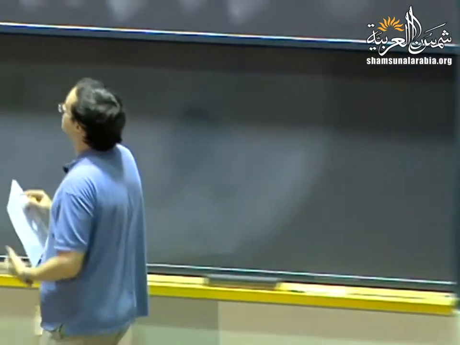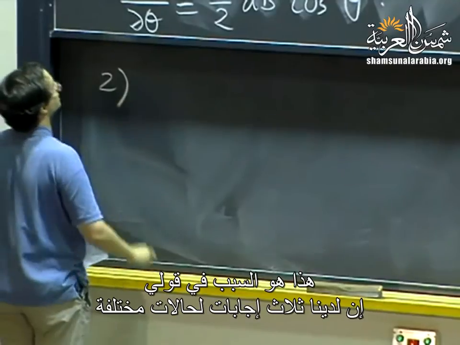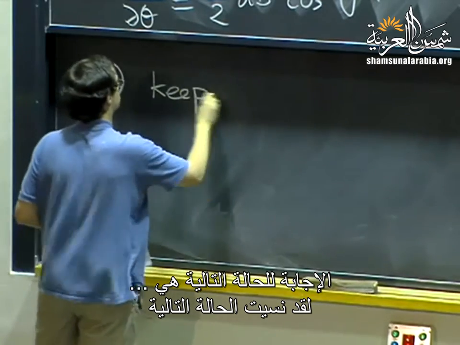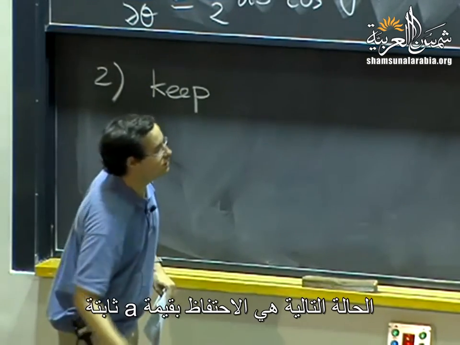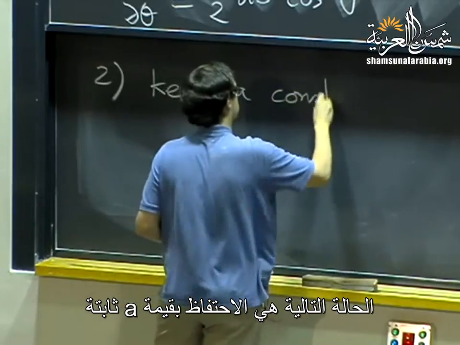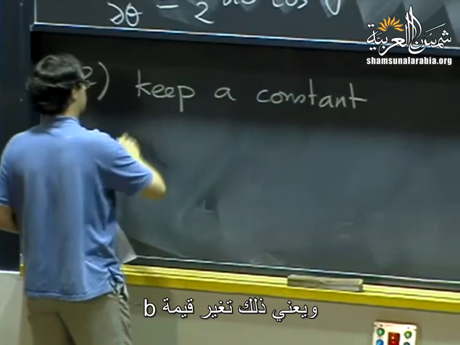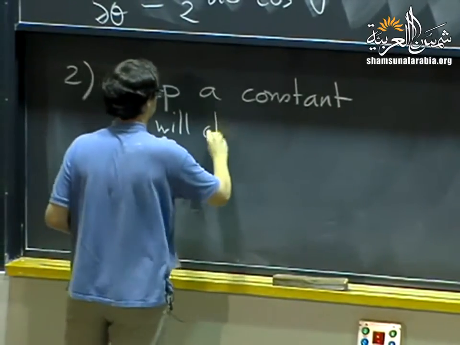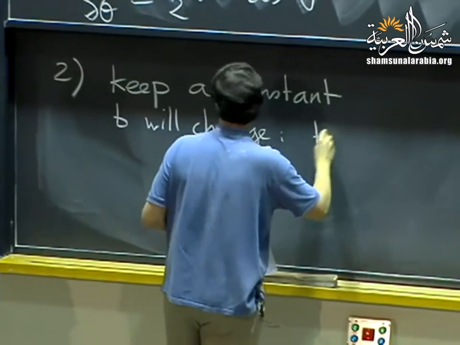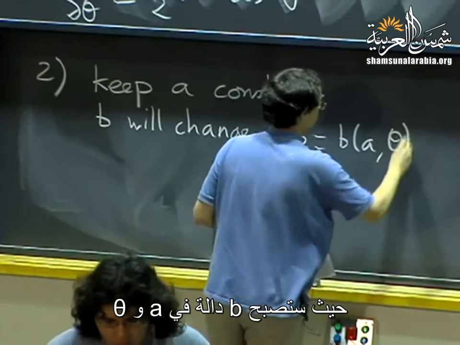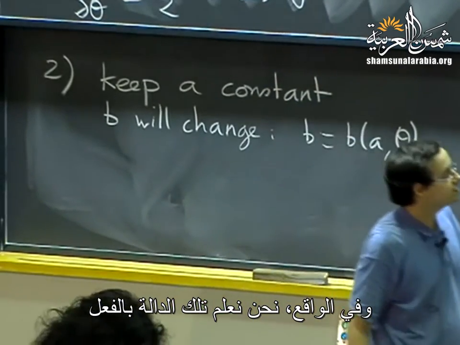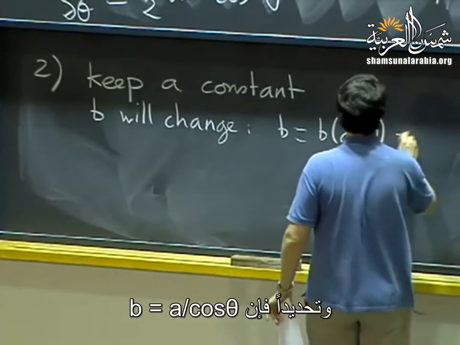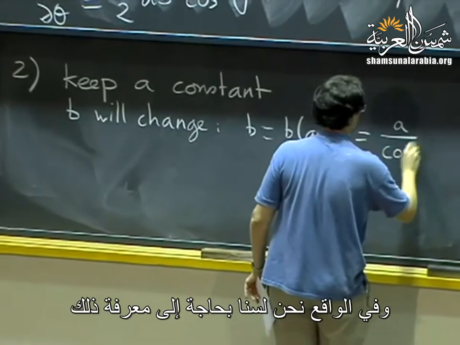That's why I said we have 3 different answers. The next one is, let's say, keep A constant. That means that B will change. B is going to be some function of A and theta. In fact, here we know what the function is because we can solve the constraint: B is A over cosine theta. But we don't actually need to know that.